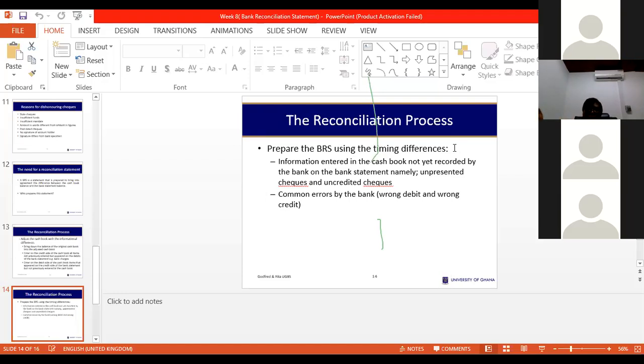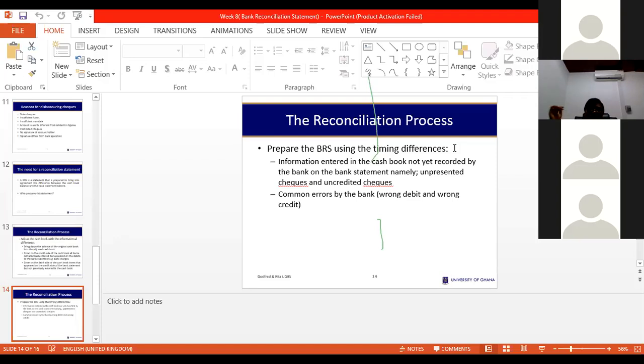So you must know that the cash book is adjusted with informational differences. Where do we get informational differences from? From the bank statement. Then the bank reconciliation statement is prepared using the timing differences. Where do we get the timing differences from? From the cash book.